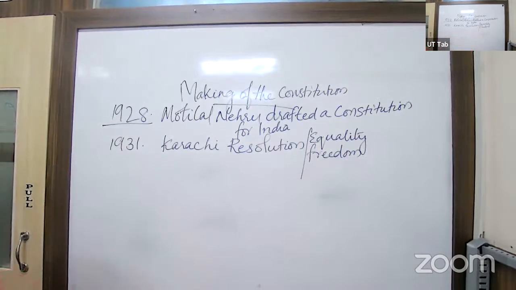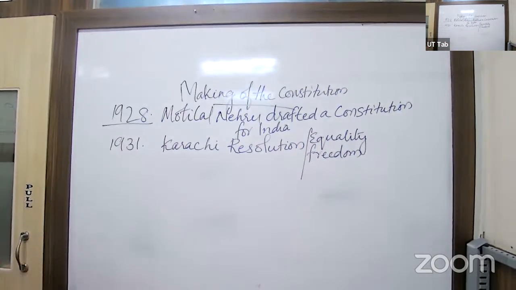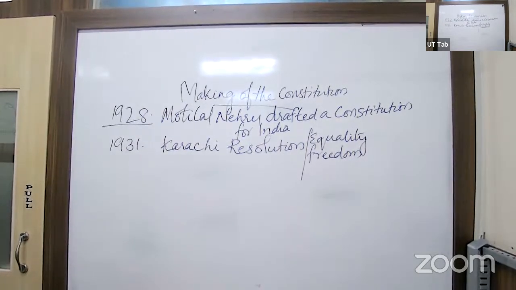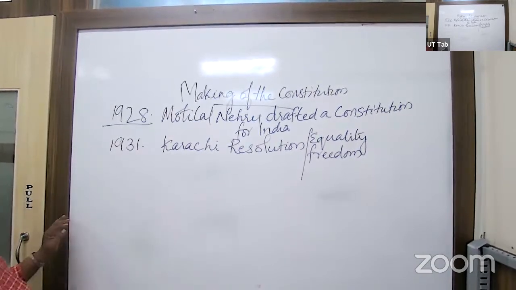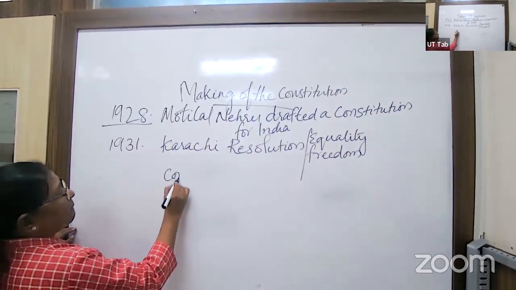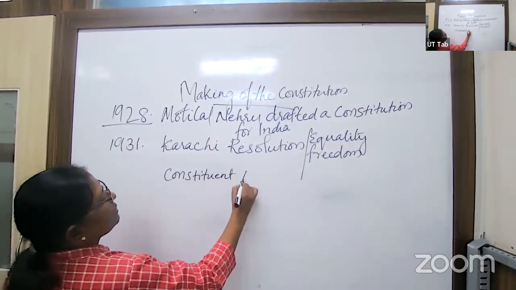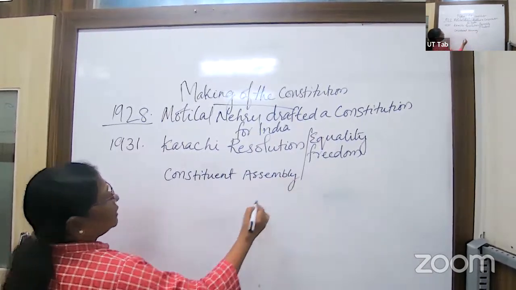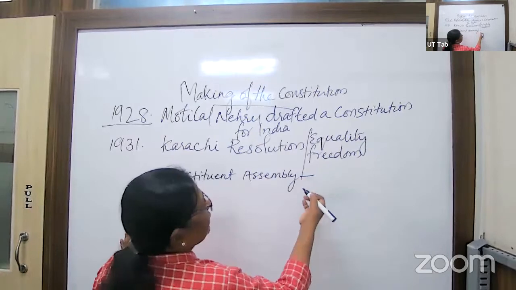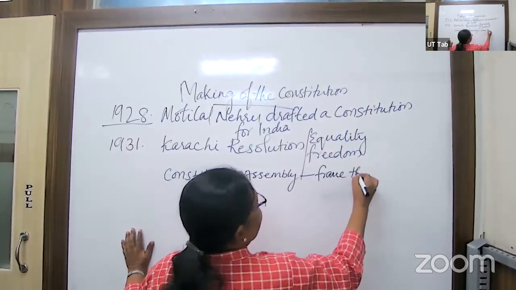Okay, this one took place in which year? 1931. Then another thing is that they decided to form a Constituent Assembly. Formation of the Constituent Assembly. What is the aim of the Constituent Assembly? That is to frame the constitution.